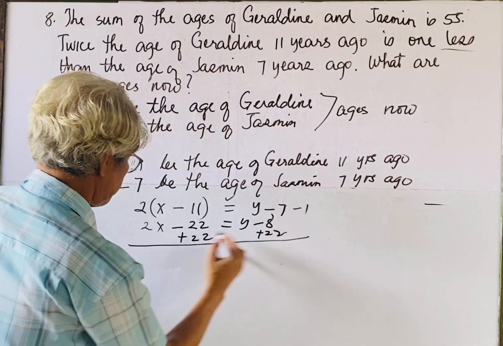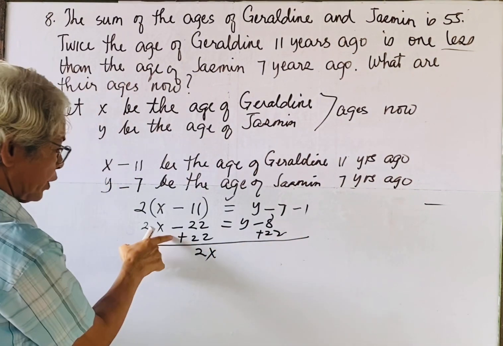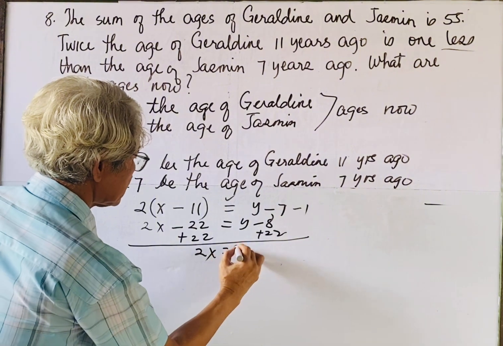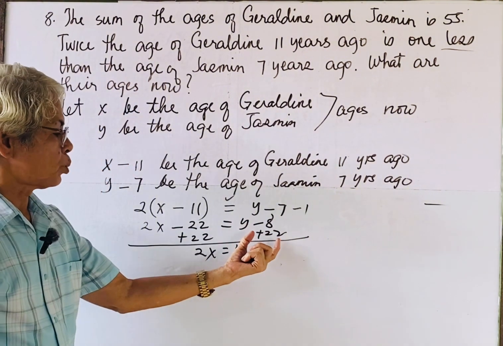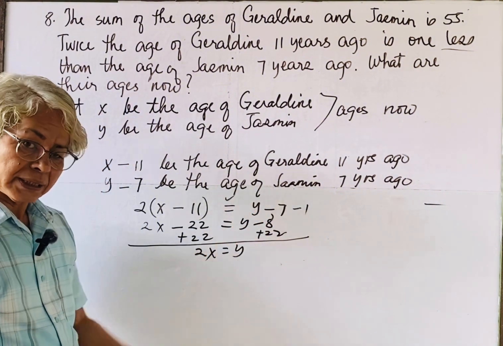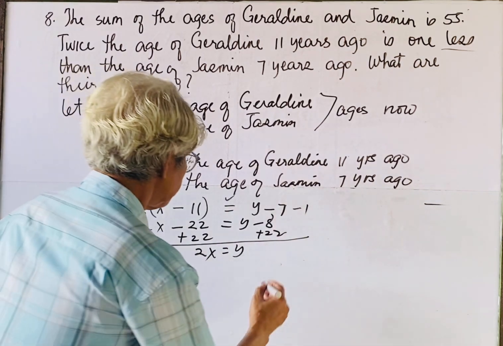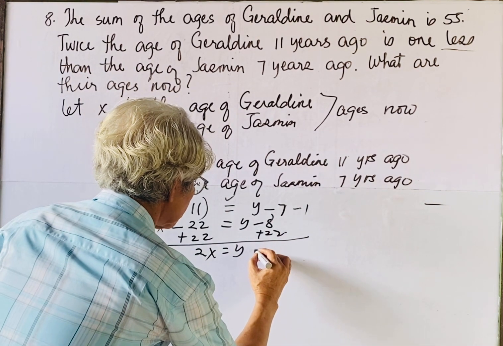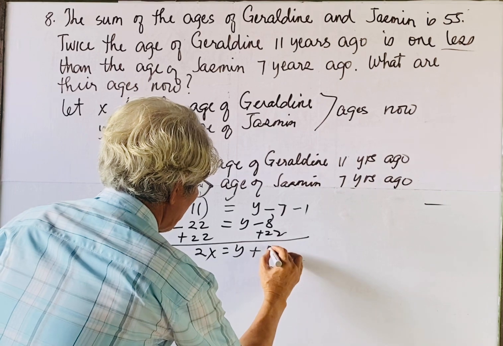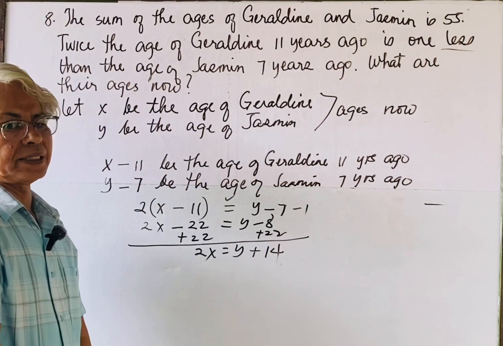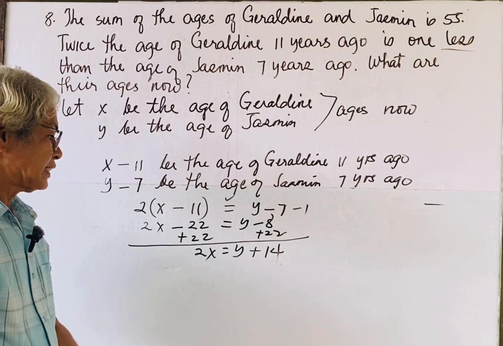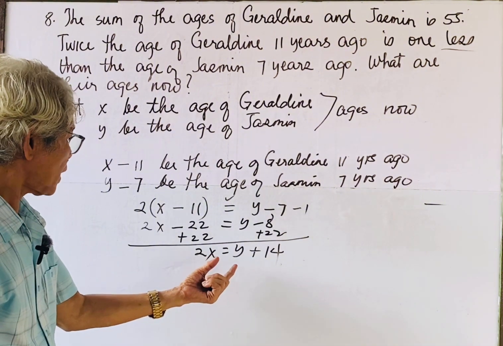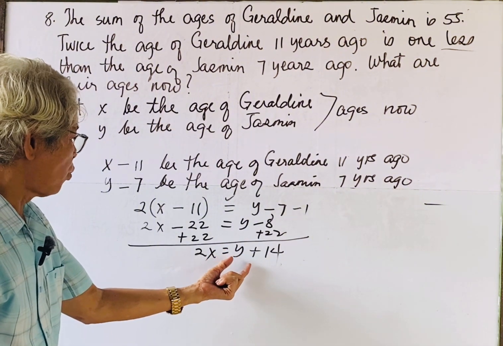Okay, so that will be, ito eliminated, and that is y. 22 minus 8 is, ilan ang ating sign doon? This is equal to positive 14. Ayan, positive 14.